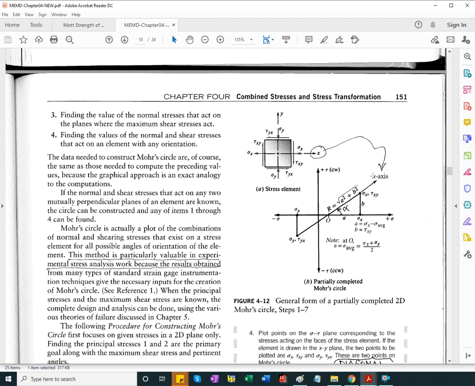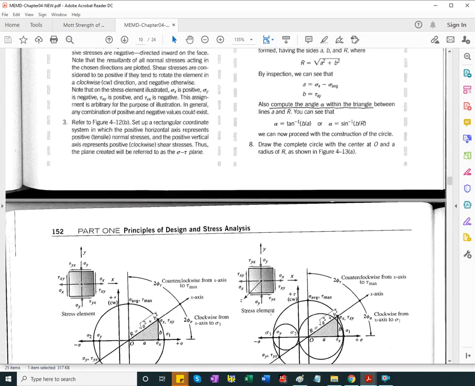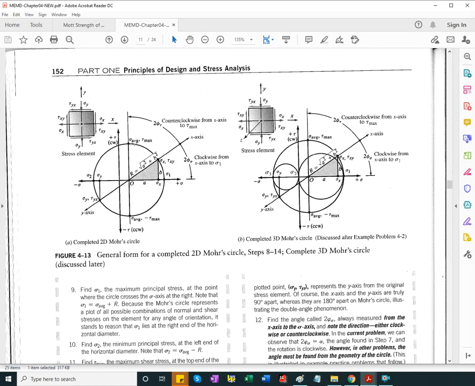Very important: the x-axis of the original element will have this orientation. The principal stresses, sigma 1 and sigma 2, you get by intersecting the circle with the sigma axis. Sigma 1 is one intersection of the circle with the sigma axis, and sigma 2 is the other intersection. Sigma 2 may end up being negative or could also be positive, it depends.